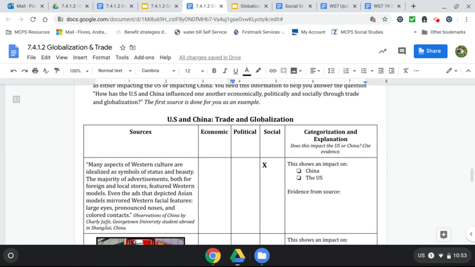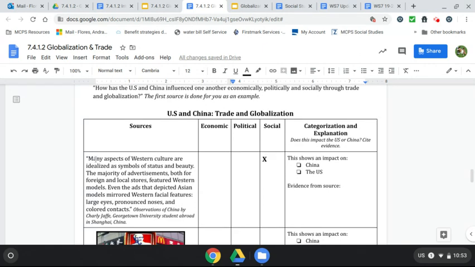This comes from Charlie Jaffe, who is a Georgetown University student who studied abroad. Based on what I read, I believe that this shows a social impact because it has to do with beauty standards, which is a social construct. So I put an X in this box for social.